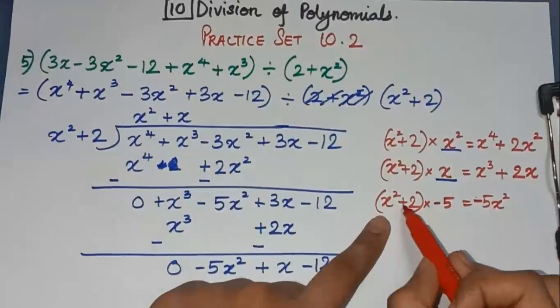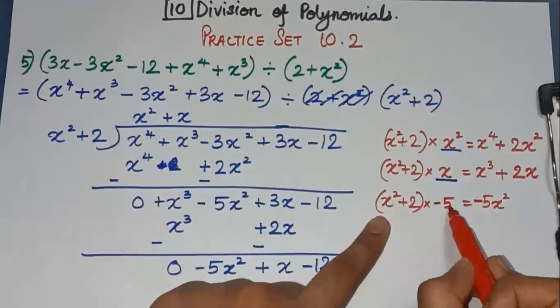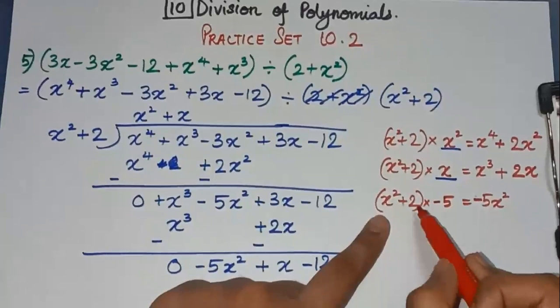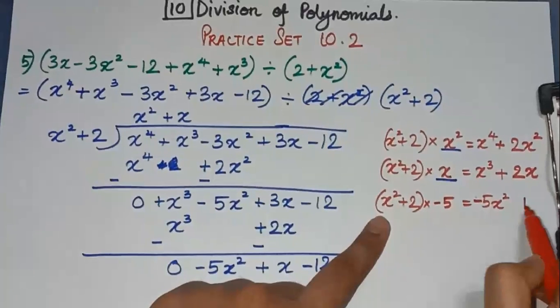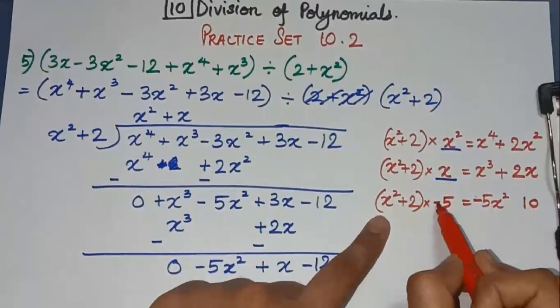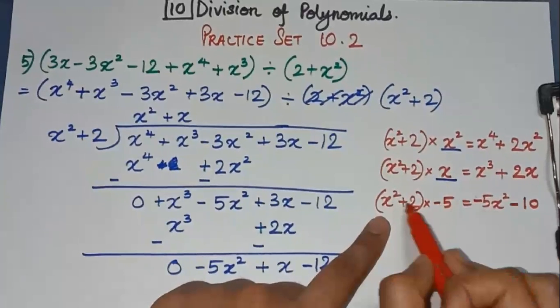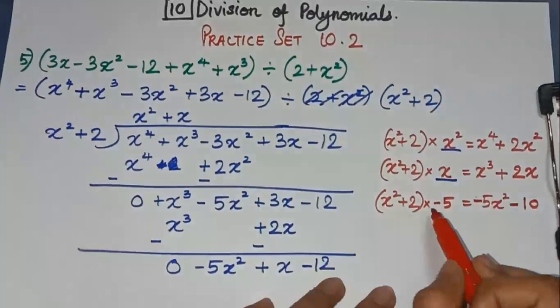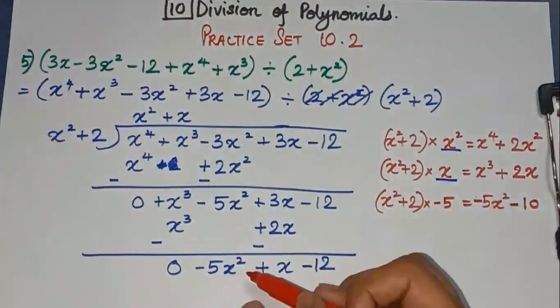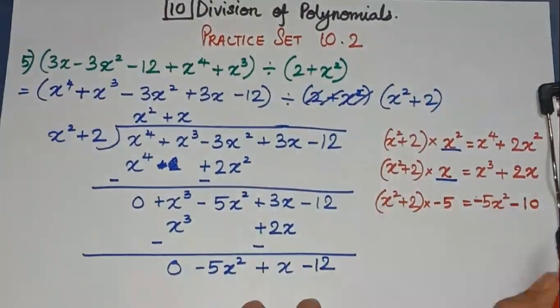Now plus 2 when multiplied with minus 5 will be how much? 2 5s is 10. But sign of the greater number, that is minus. This plus minus becomes minus in multiplication. Always remember that. The way we did for addition and subtraction, in the similar way we are going to do for this.